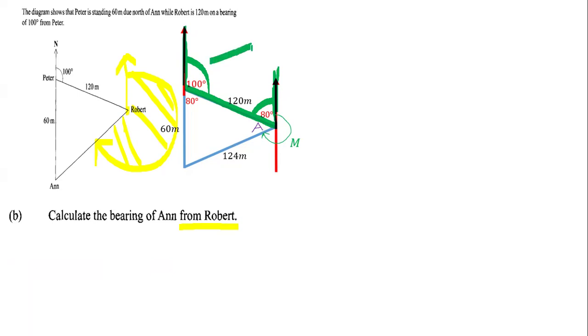This is what we call co-interior angles, because the C shape is being formed with these parallel lines and a transversal. What do we know about co-interior angles? Well, co-interior angles add up to 180 degrees. Since we know that this was 100, then definitely this is going to be 80 degrees. So that's why this is 80.